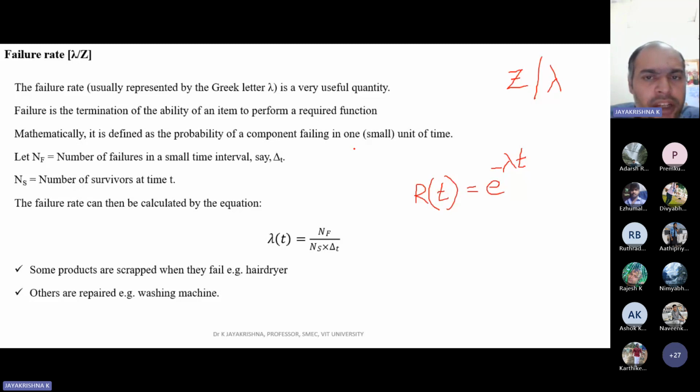Okay, so failure means what? Failure means termination of the ability of a product from doing its required function, right? So the product is intended to function or to deliver a functionality. Your mobile phone is used for talking and something.